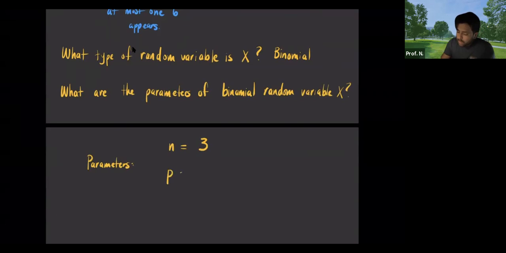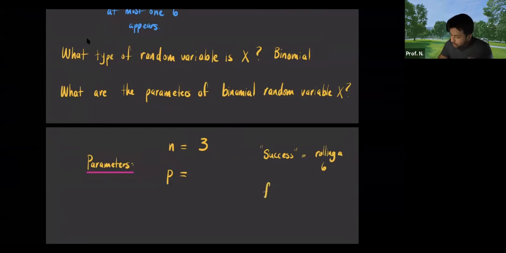What is p? Remember, p represents the probability of a success. So this is where a choice comes into play. You make a decision: what do I constitute as a success? I may consider it as the probability of rolling a 6. So my success, quote unquote, is rolling a 6, because that's what the problem is asking.